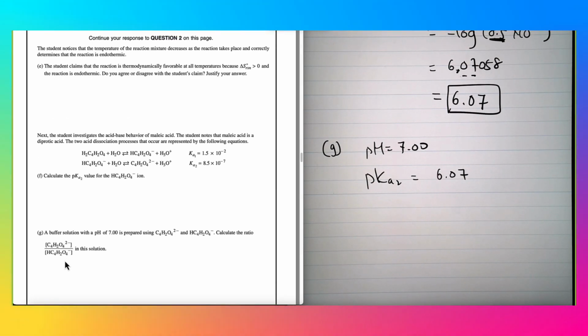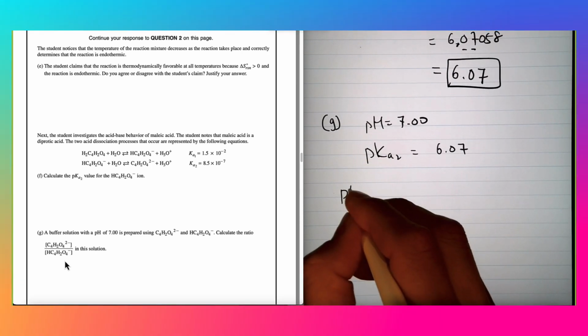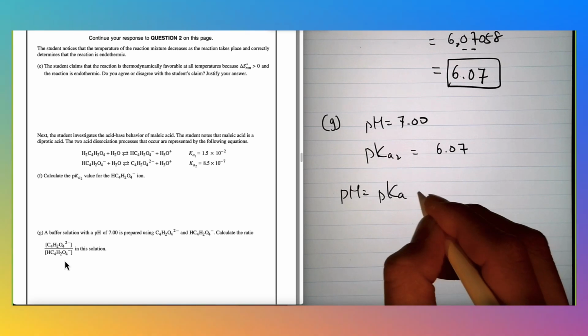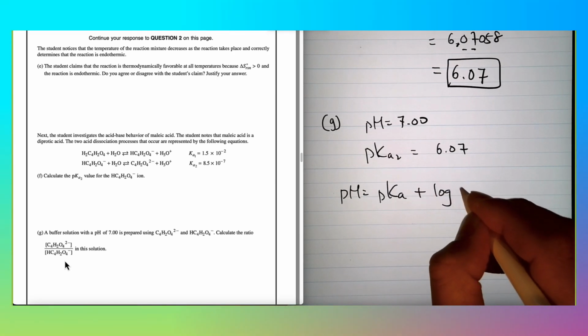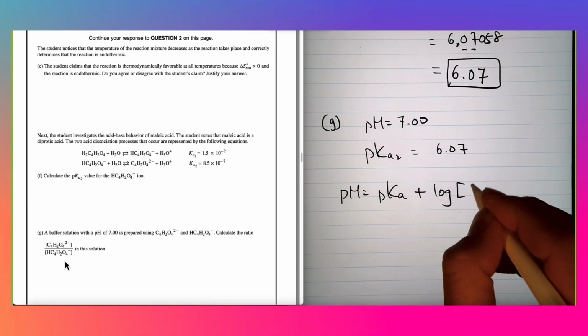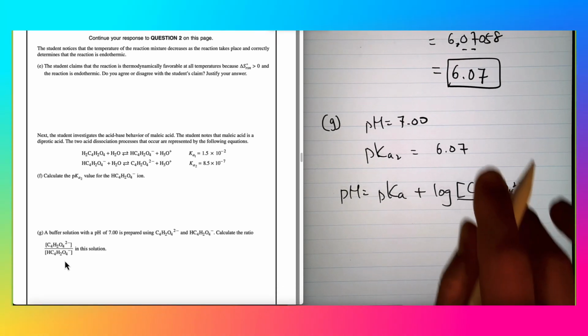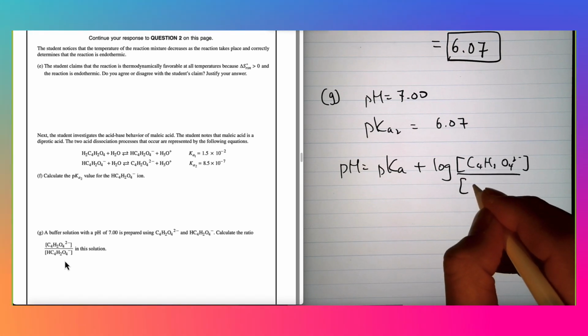The moment you see this, you should immediately recognize you just need to pull out the Henderson-Hasselbalch equation. So let's pull that out. pH equals pKa plus log of the conjugate base concentration over the acid concentration.